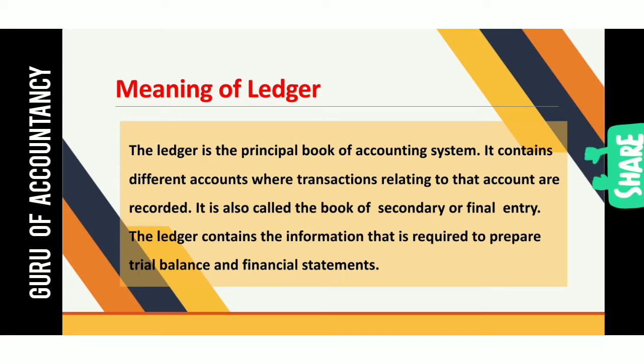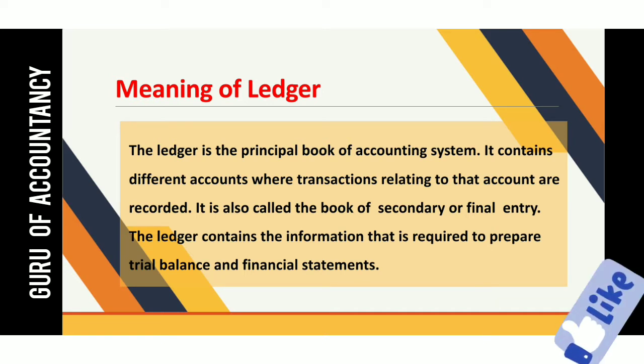The ledger account contains the information which is required to prepare trial balance and financial statements. So dear student, ledger is the principal book of accounting system. It is also called secondary book or final entry book. In ledger, we open different accounts and in that we do posting.